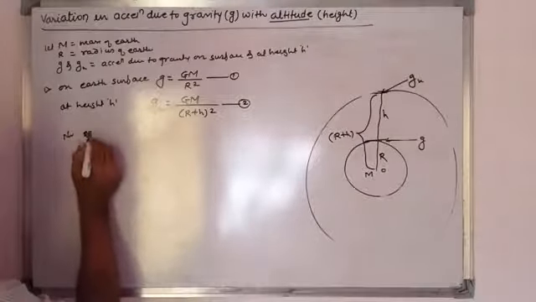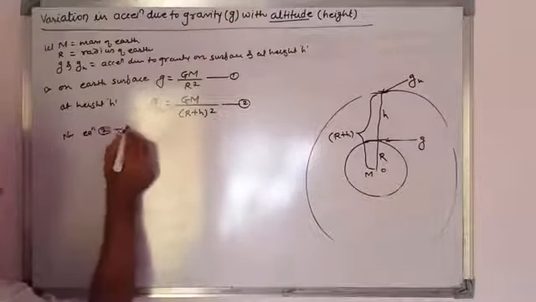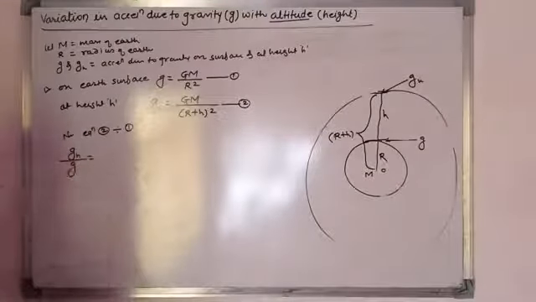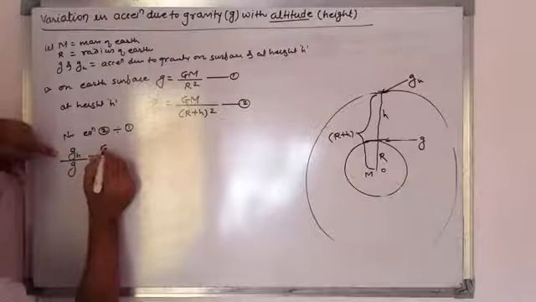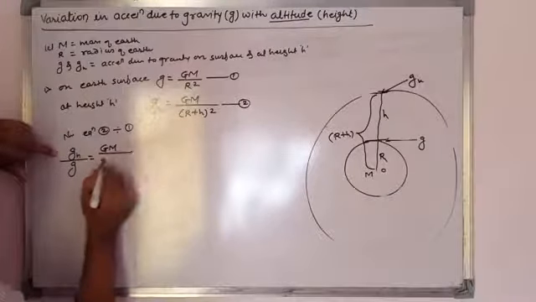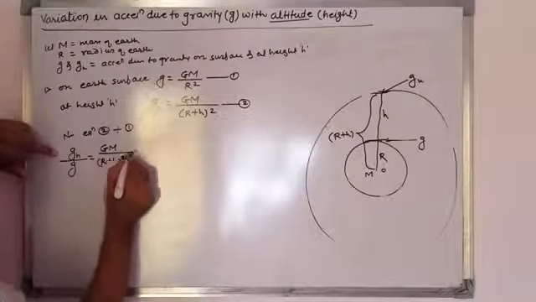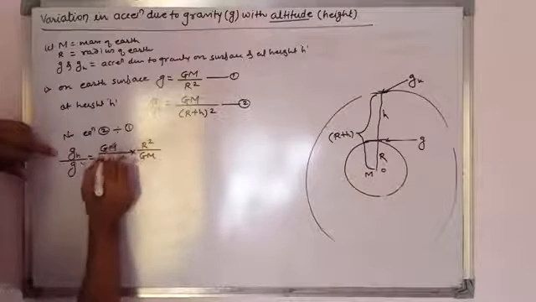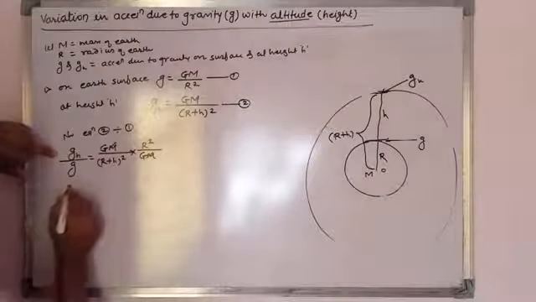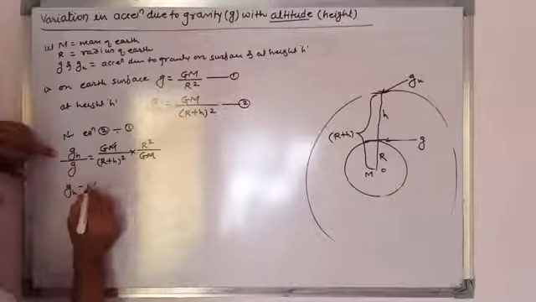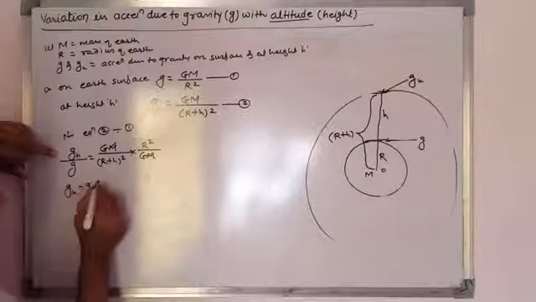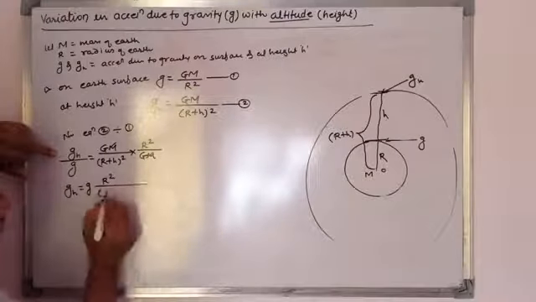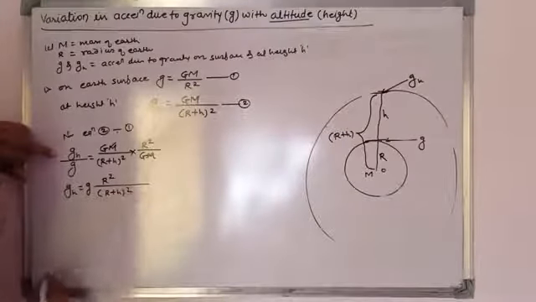Now equation 2 by 1, therefore we can write g_h upon g is equal to GM upon (R plus h) whole square into R square upon GM. Now this GM gets cancelled, and therefore g_h can be written as g into R square upon (R plus h) whole square.